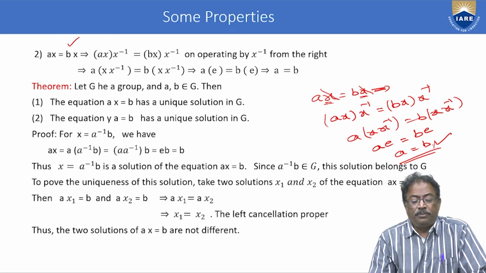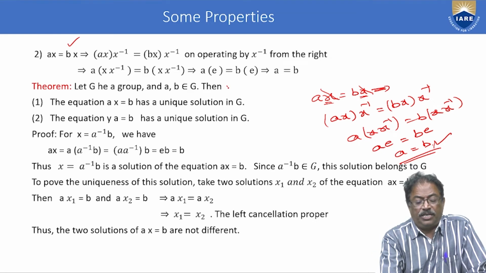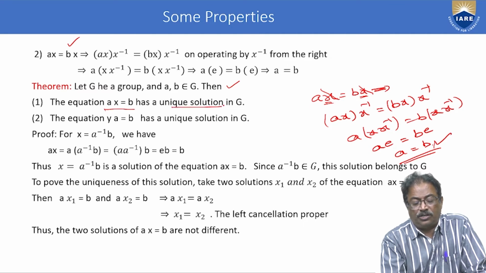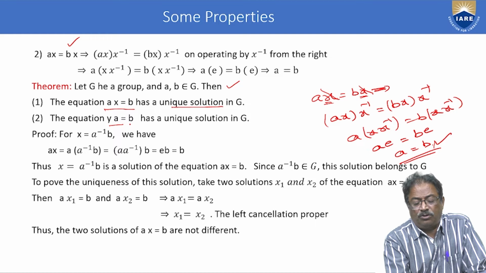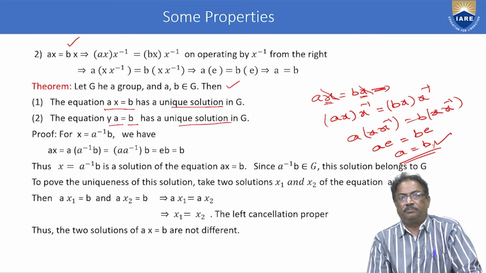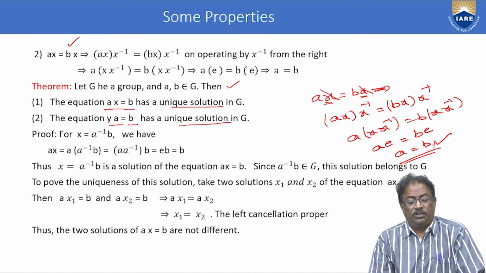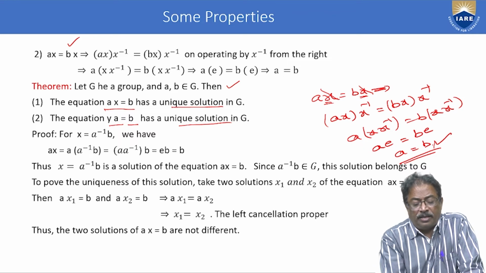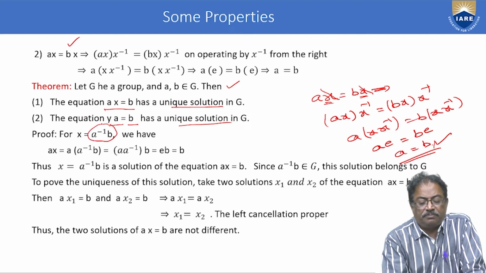Let G be a group and a, b belong to G. Then ax = b has a unique solution, and ya = b has a unique solution. Here, let us take x = a inverse b.